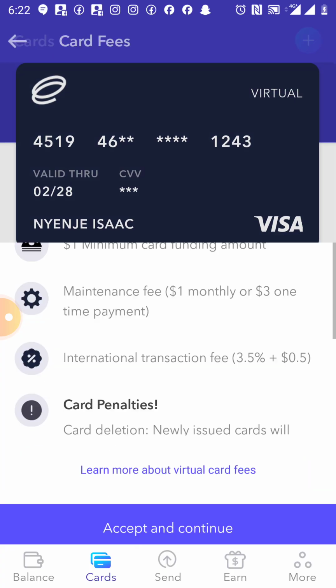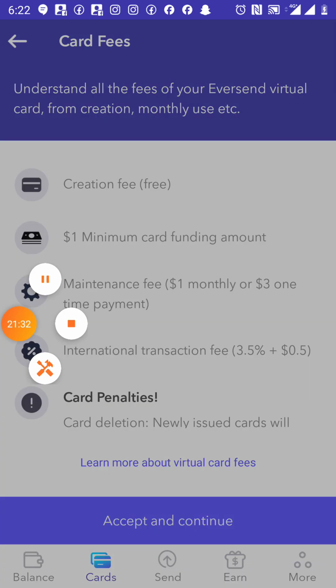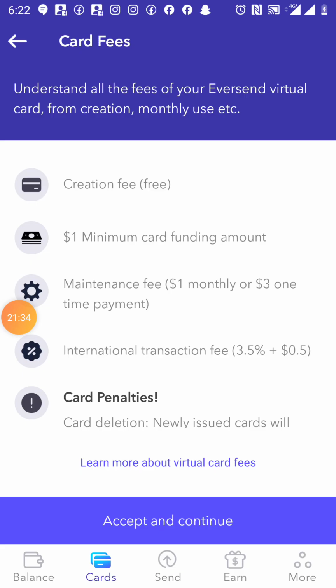So if I click plus, these are the details that you need to know about creating a card with Eversend. The card fees: they are telling us to understand all the fees of your Eversend virtual card from creation, monthly use, etc. Creation fee, it is free to be created.